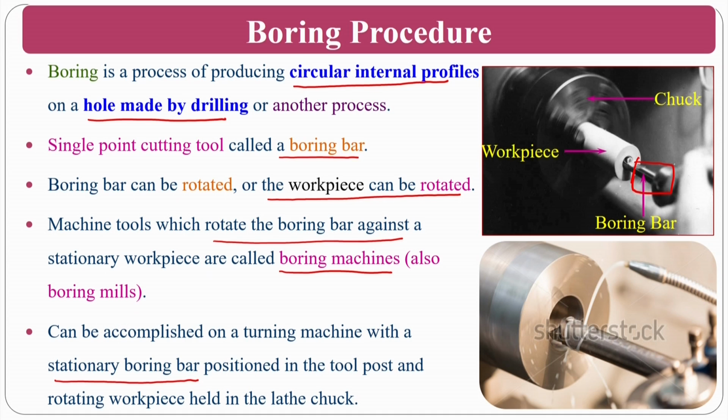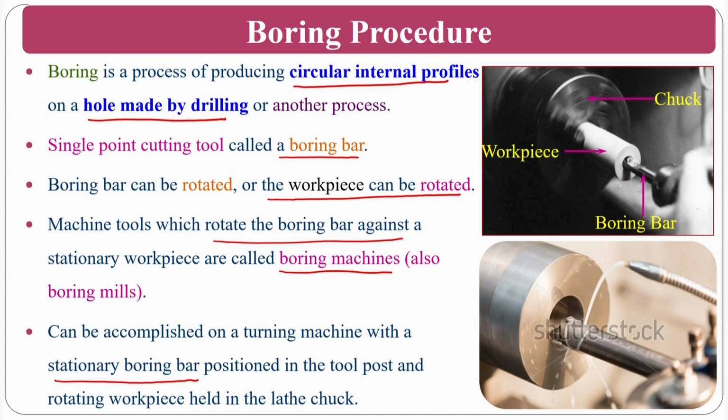That means the boring tool or boring bar can be held stationary in the tool post, and you can rotate your workpiece so that you can do this boring process. You can see here, this is a lathe on which the workpiece is held in the chuck, and the cutting tool, which is called a boring bar, is stationary and the boring is happening.